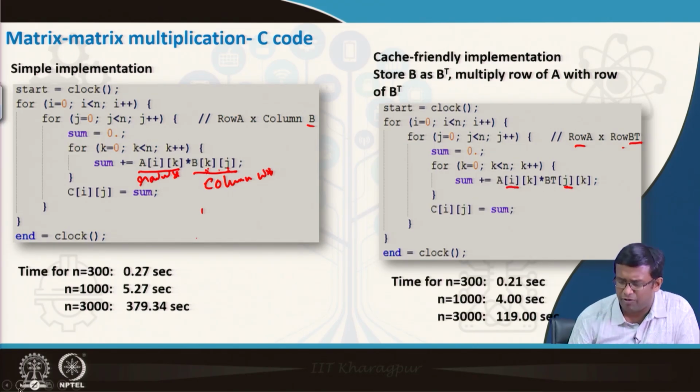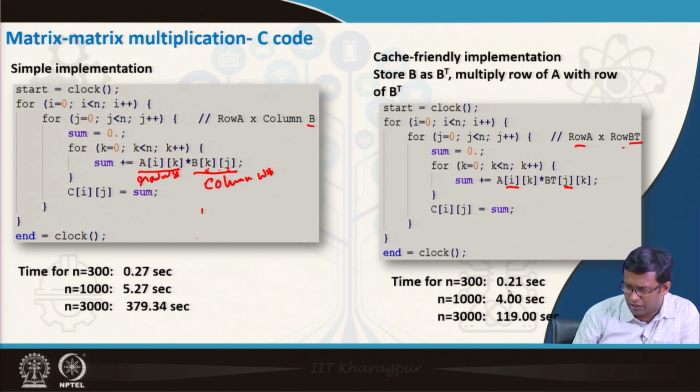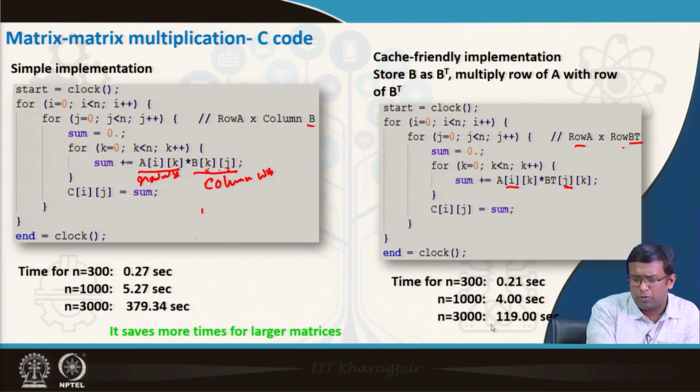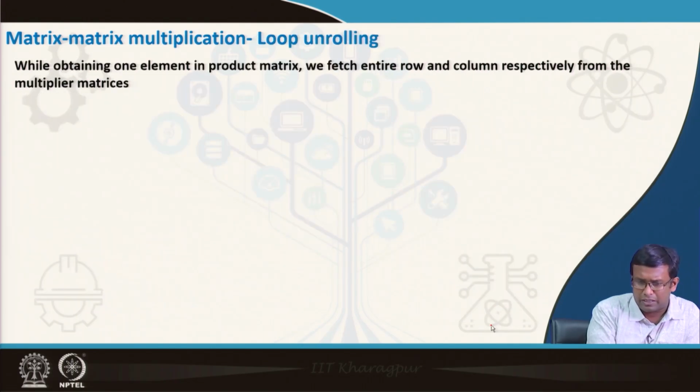And you can see the difference in time. For 300 it is 0.21 seconds. For a large matrix more than 1/3 of the time has been saved. It saves more time for larger matrices.